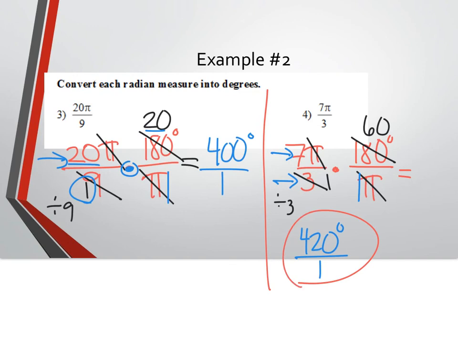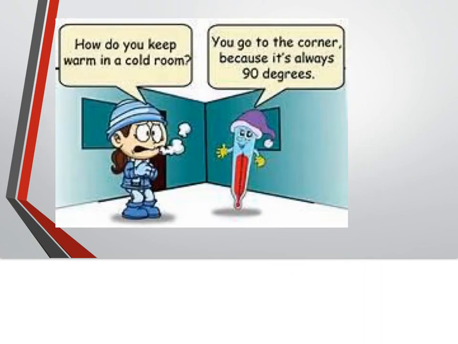Final answer. You don't always get whole numbers, but typically you should on most of the ones we'll do. 90 degrees, pretty warm.